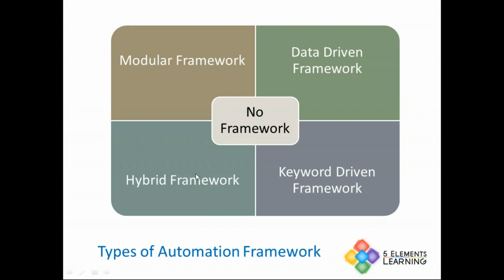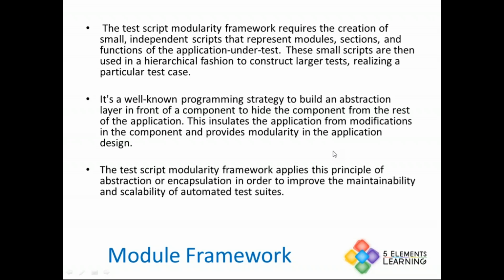Then we have the hybrid framework. In the hybrid framework, we have a combination of a modular framework and a data driven framework, which is created to form a hybrid framework. And then we have the keyword driven framework, in which there is another layer of abstraction available where functions are mapped to keywords.